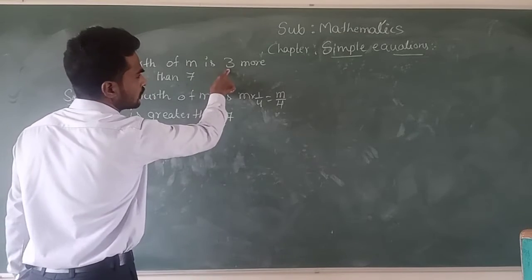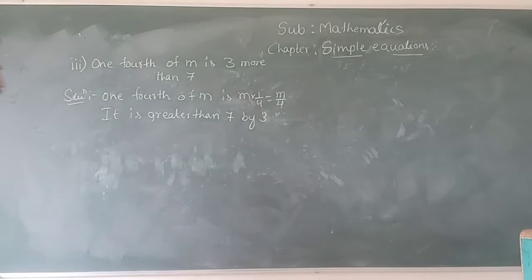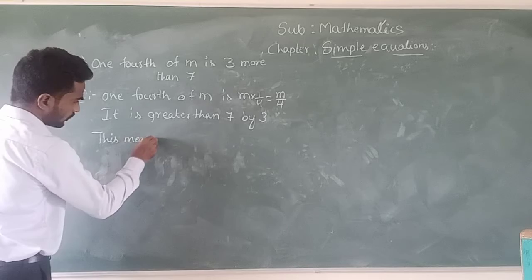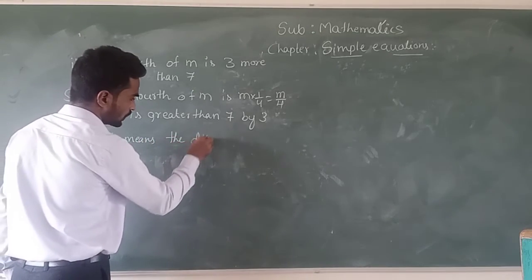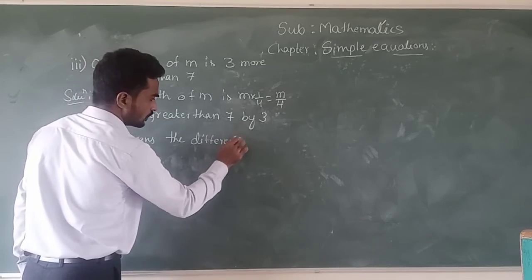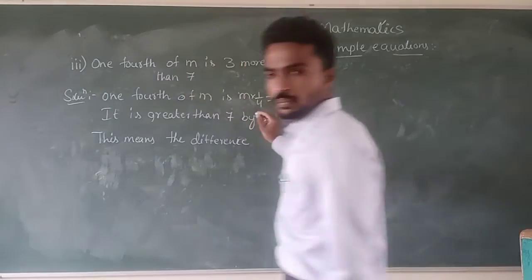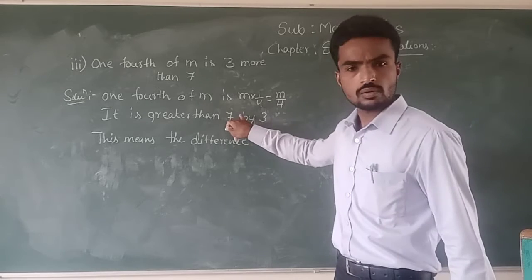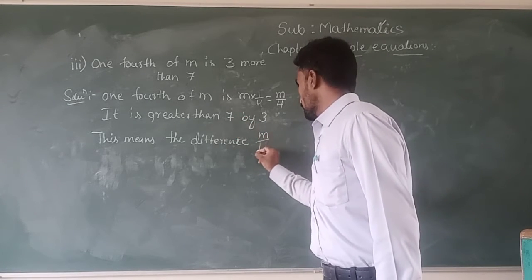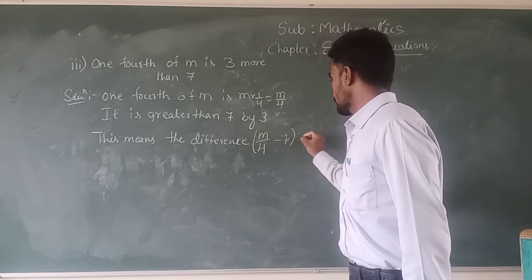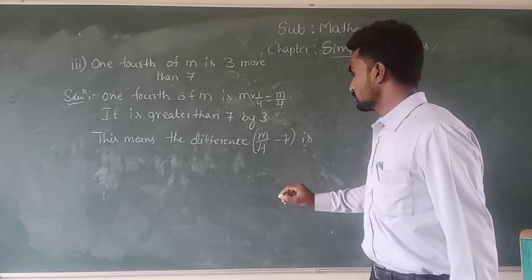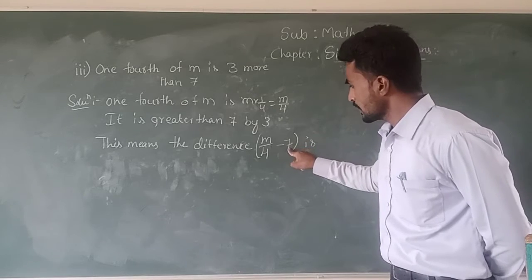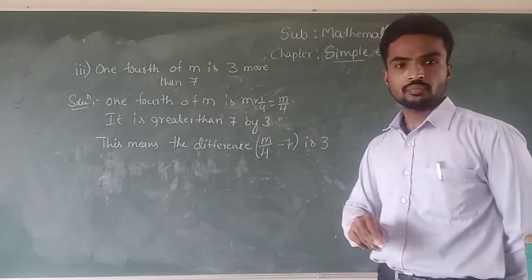It is greater than 7 by 3. This means the difference is m by 4 minus 7, which is 3.